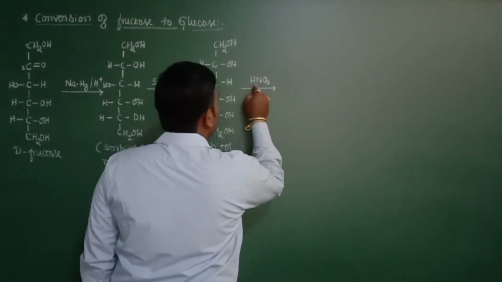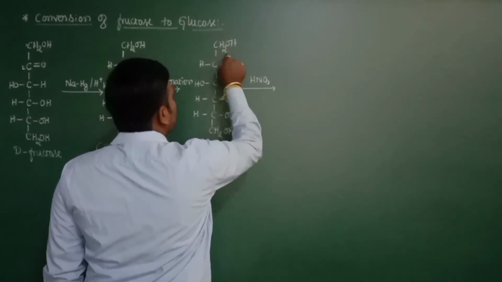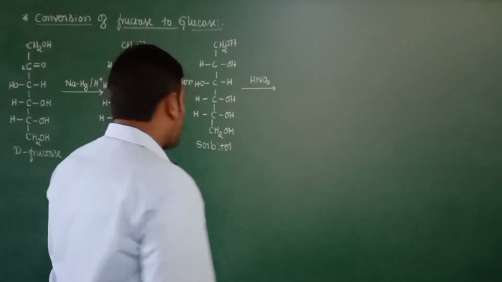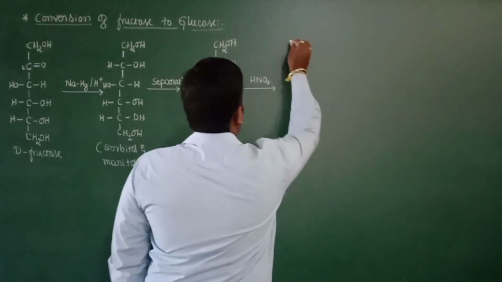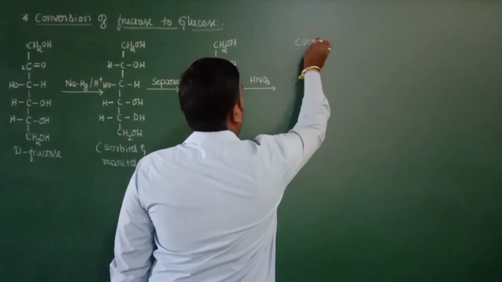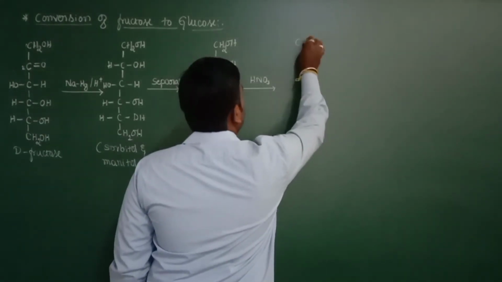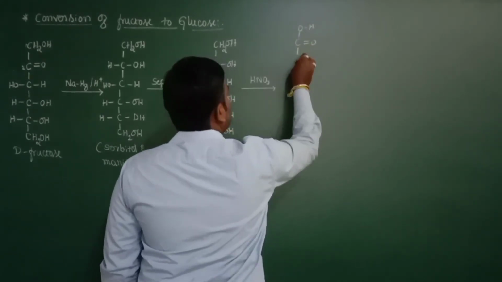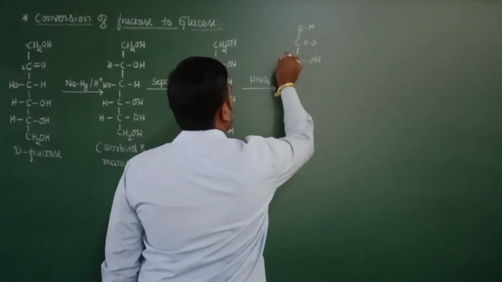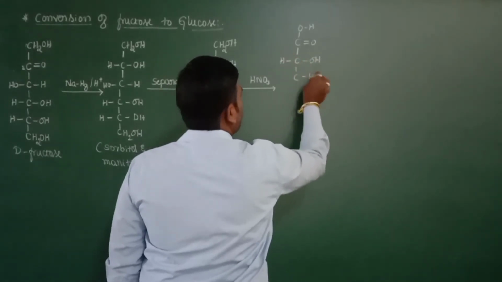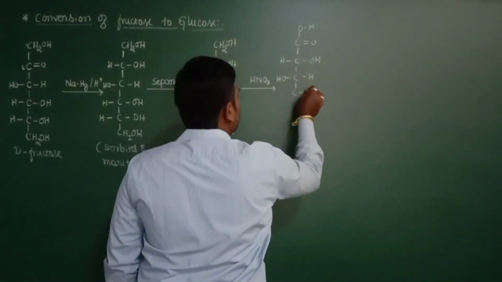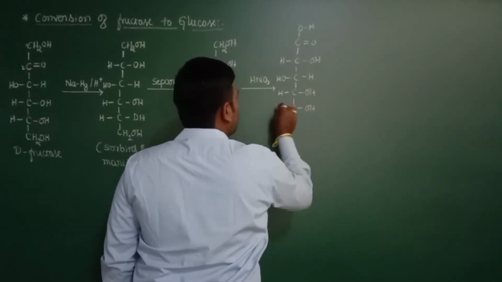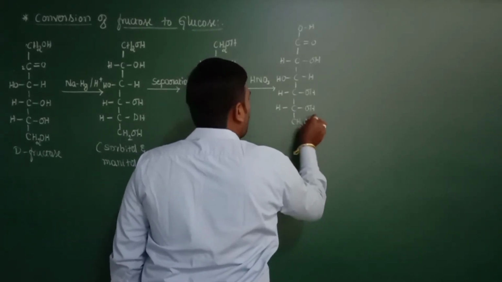In presence of concentrated nitric acid, the first position, which is a primary alcoholic group, will directly get oxidized to the form of carboxylic acid. So we are going to get COOH group over here, or else let me write it this way: C double bond O, OH, C, OH, H, and at third position, fourth position, fifth position, and at sixth position we'll be having CH2OH.